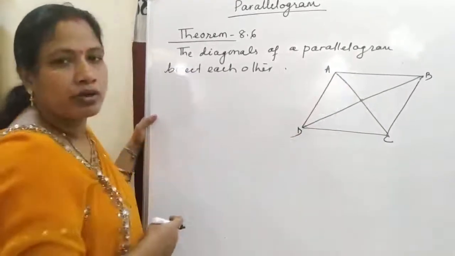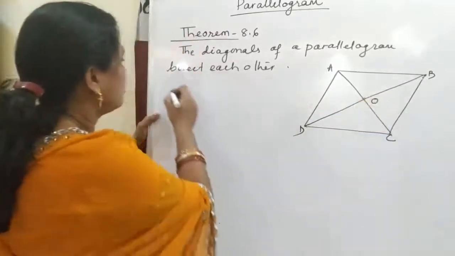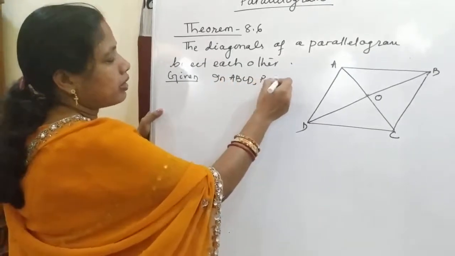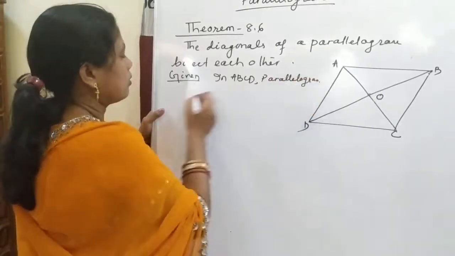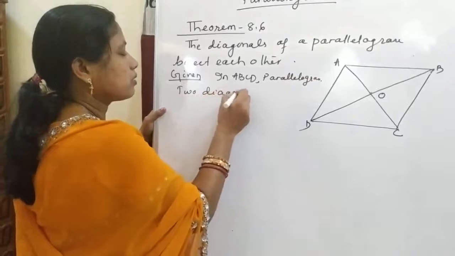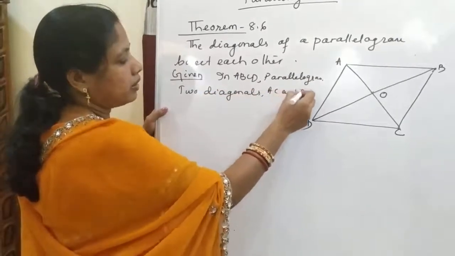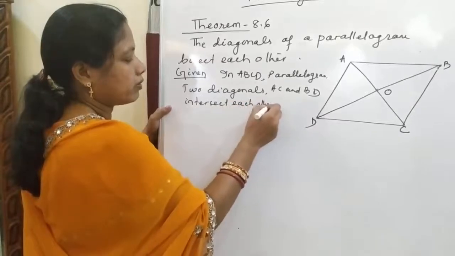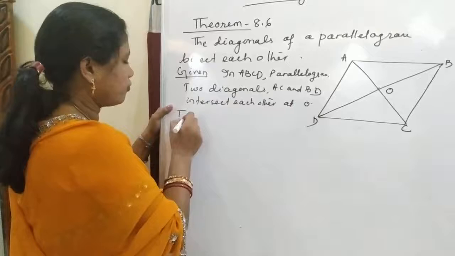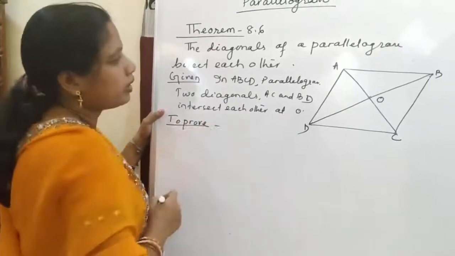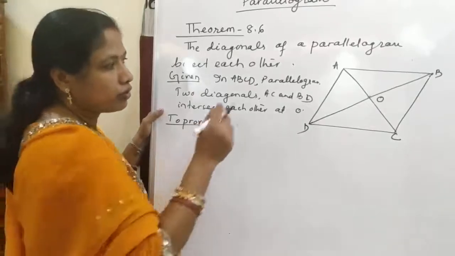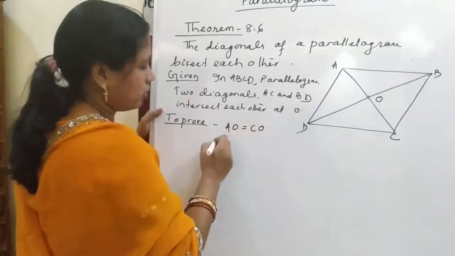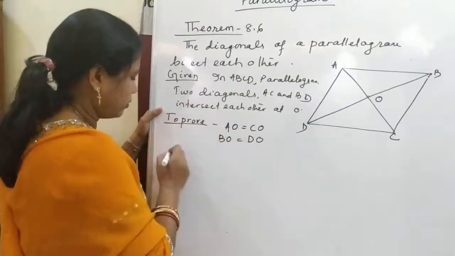AC and BD are two diagonals intersecting each other at point O. To prove that the two diagonals bisect each other, we have to prove AO is equal to CO and BO is equal to DO.